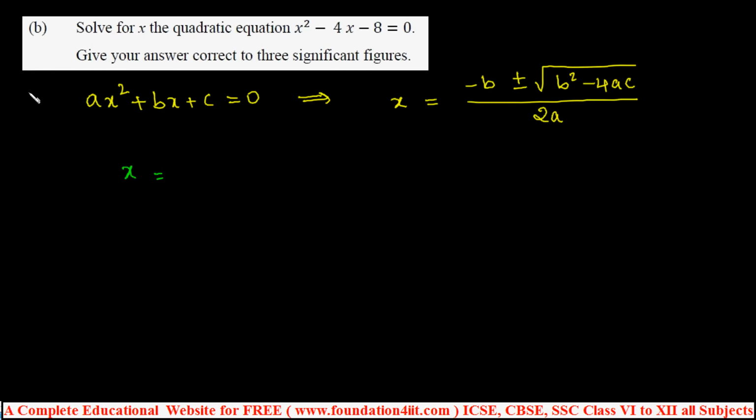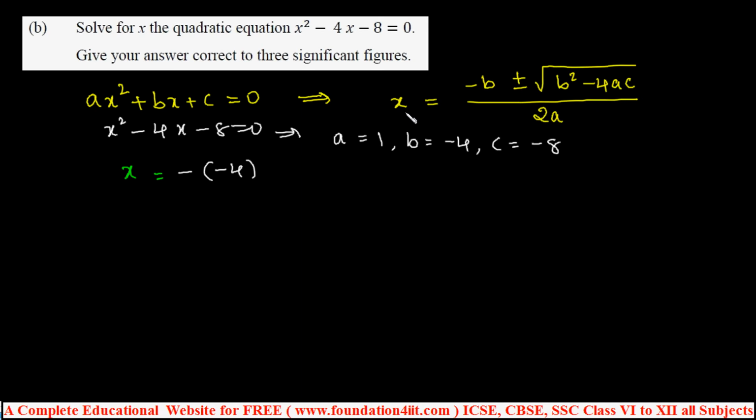So x is equal to, but here the given question is x square minus 4x minus 8 is equal to 0. So from this, a is equal to 1, b is minus 4, c is equal to minus 8, the constant. Then x is equal to minus b, which is minus 4 again.